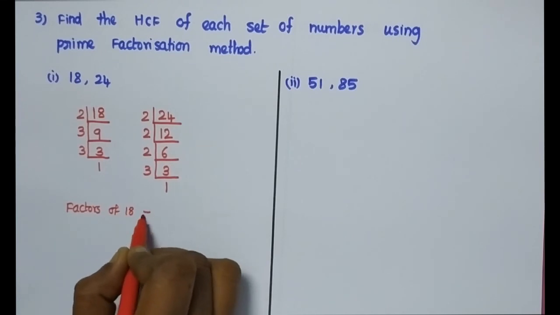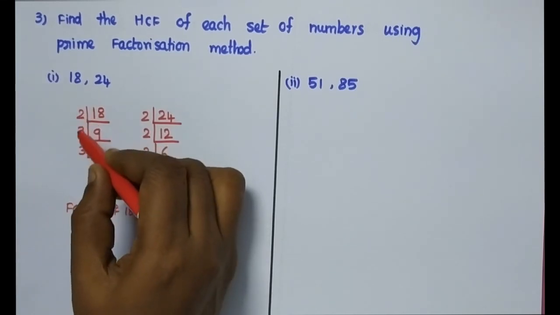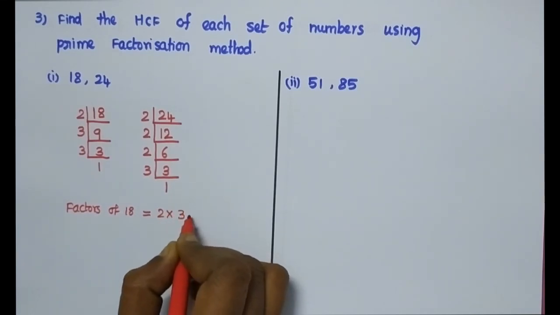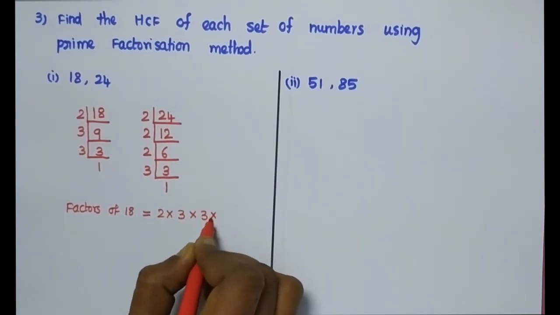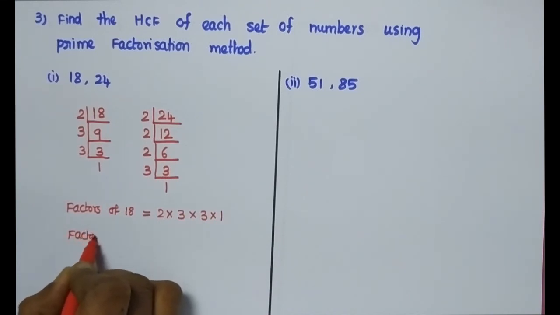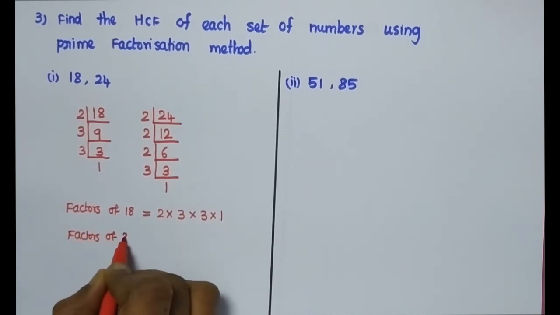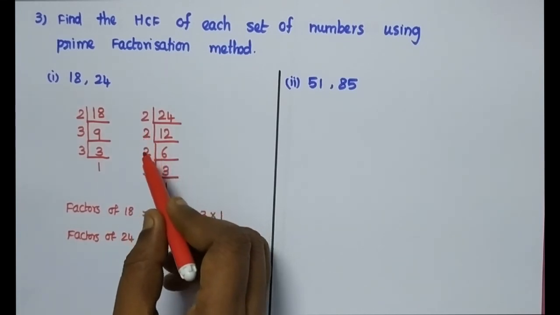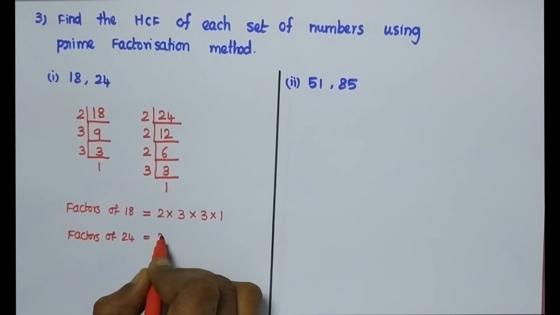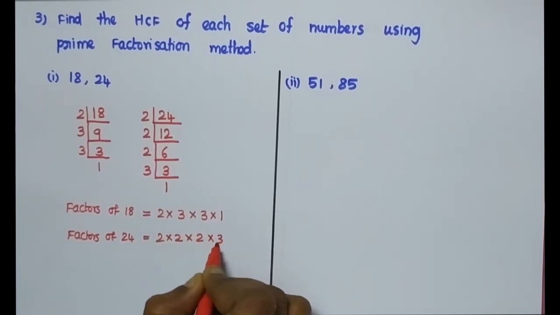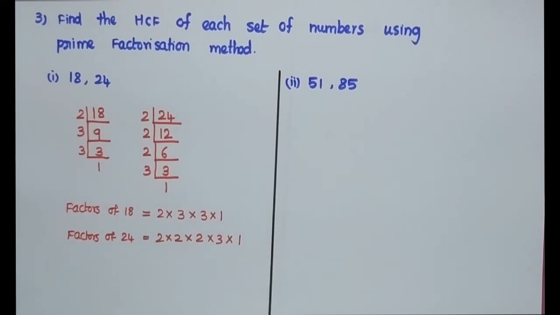What are the factors? 2, 3, 3. So 2 into 3 into 3 into 1. And factors of 24: 2 into 2 into 2 into 3 into 1.